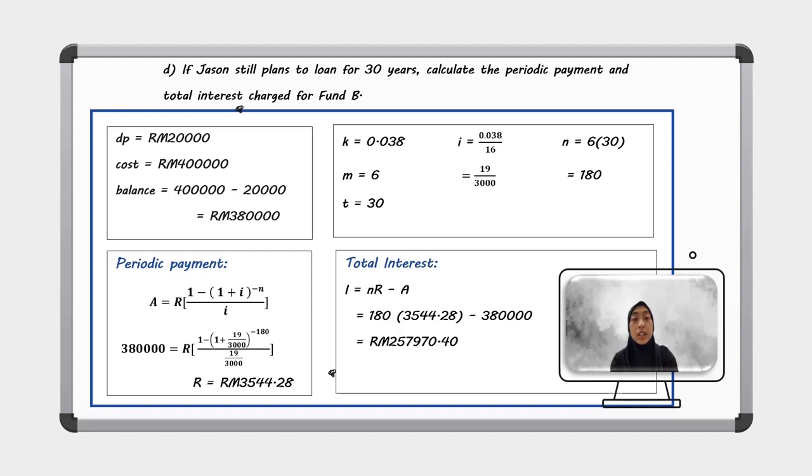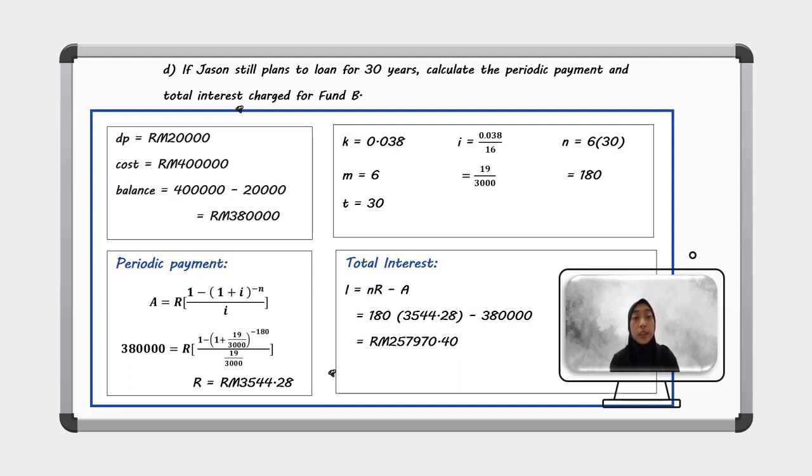Substitute the information into the formula. 380,000 equals R, open bracket 1 minus (1 plus 1 over 300), close bracket, divided by 1 over 300. So the answer for R is 3,544.28.